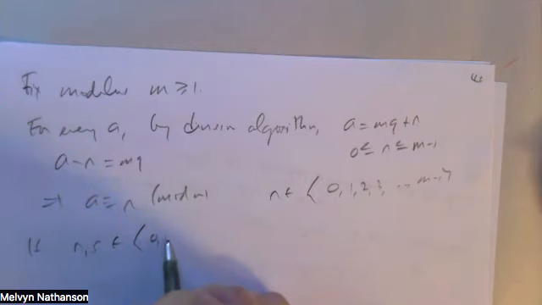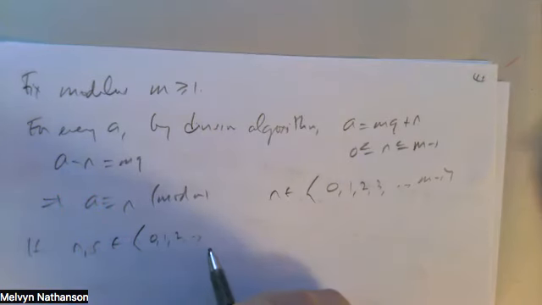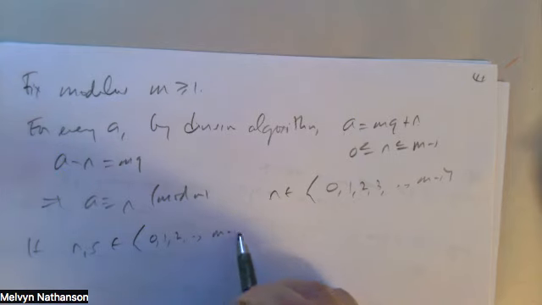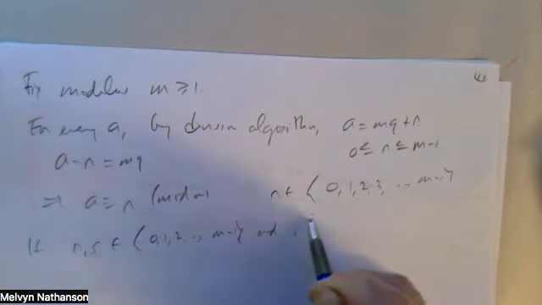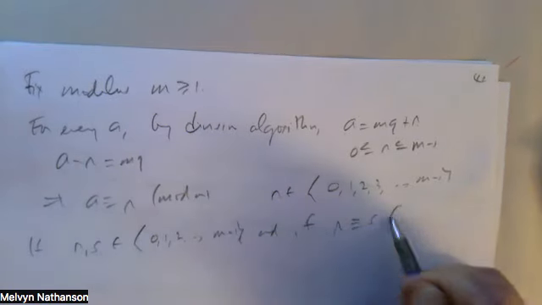Now, if you take R and S, integers between 0 and M minus 1, and if R is congruent to S mod M, what does that mean? It means M divides R minus S. But R and S are integers somewhere between 0 and M minus 1.